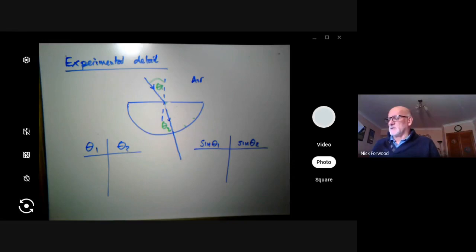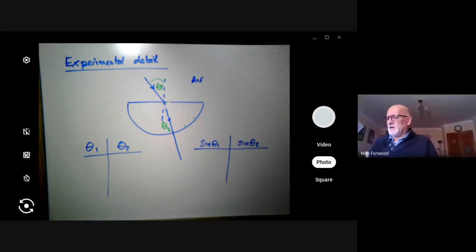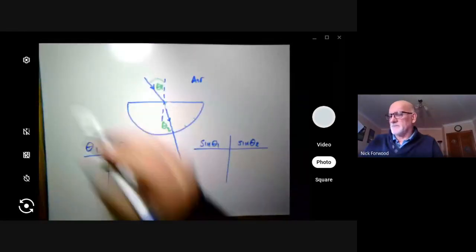So if you wanted to put a title to find the refractive index of a material, that would be your experimental title. I suggest you do that. Title.